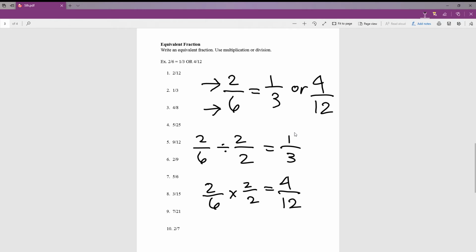So that's how you would get an equivalent fraction, by multiplying both the numerator and the denominator by the exact same number. If you were to multiply each side by a different number, 3/2, this would equal 6/12, and this is not an equivalent fraction. So you have to keep that in mind.